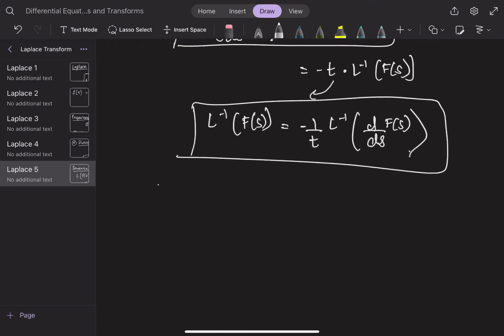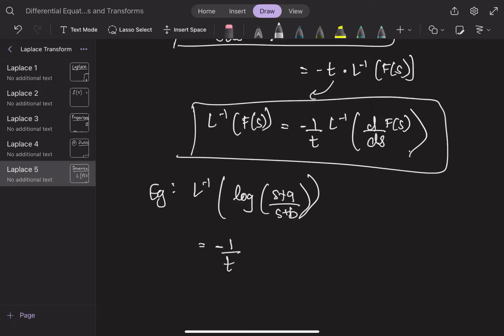For example, let's take a question. Laplace inverse of log of (s plus a) divided by (s plus b). So you can write this as minus 1 by t Laplace inverse of d/ds of log of (s plus a) divided by (s plus b).